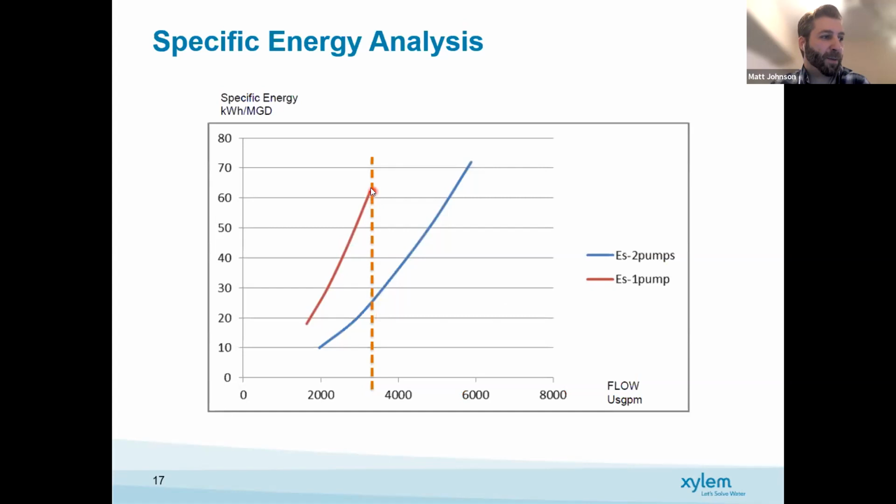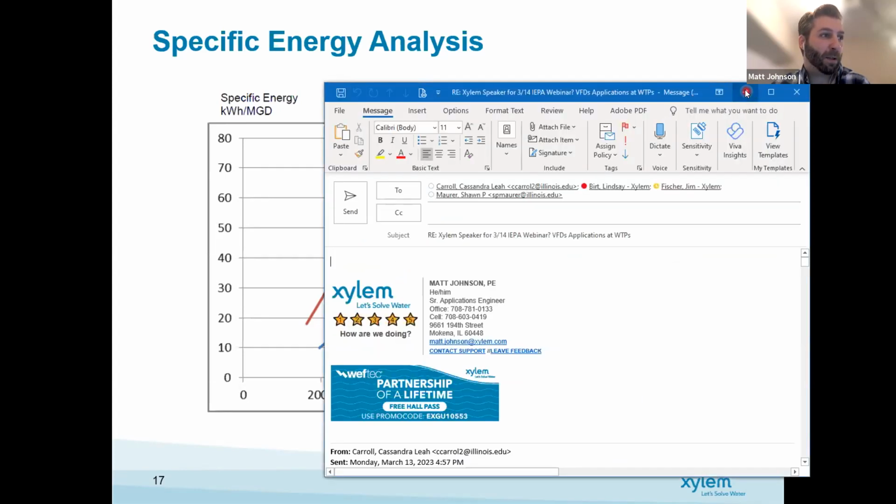And here you can see that at 3400 GPM, these are the two curves representing specific energy. So one pump with that flow, you're at 60 kilowatt hours per million gallons. Two pumps operating at that flow rate, you're about 25 kilowatt hours per million gallons.